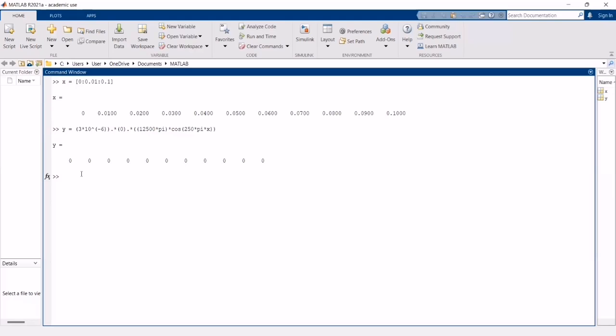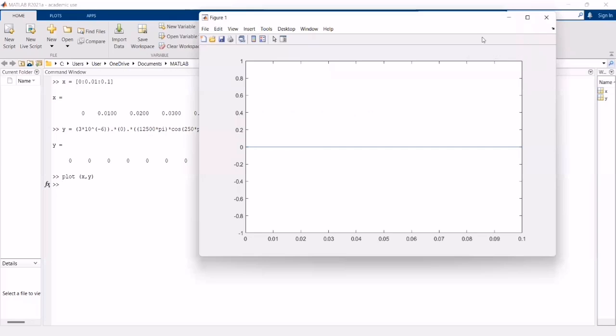So we plot the graph x, y, and then we got a straight line. So we need to label the x-axis as time and the y-axis as power in watt.